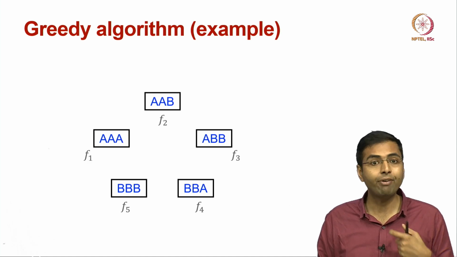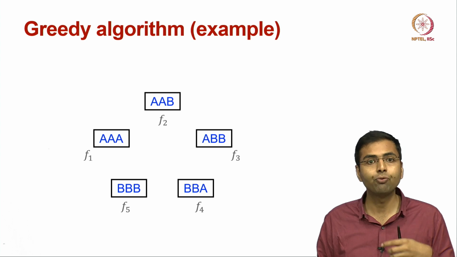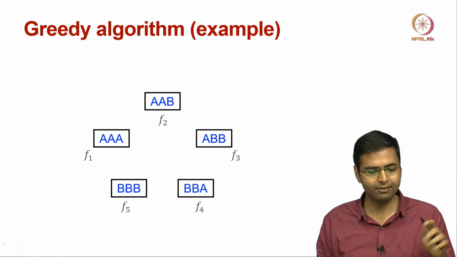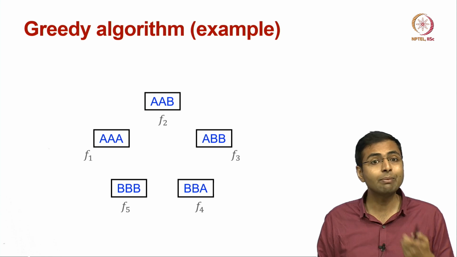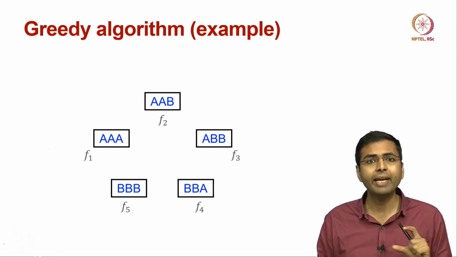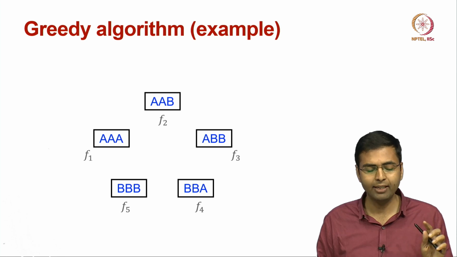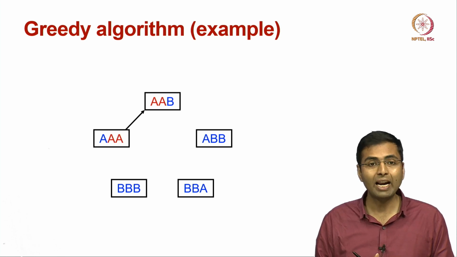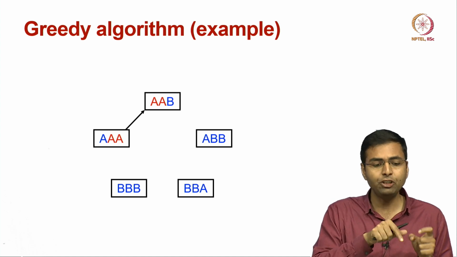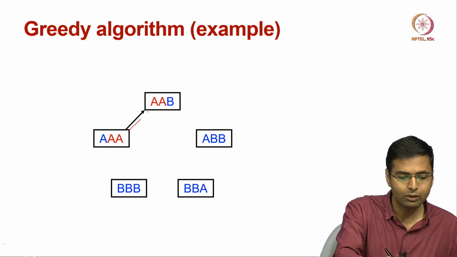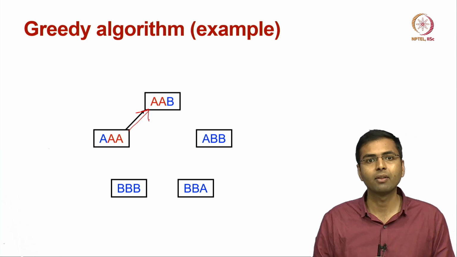Let us say you have 5 strings and you create a graph with 5 vertices. You look for the maximum overlap between these vertices, and we will break the ties arbitrarily. In this case the maximum overlap that we see is 2, and accordingly we will add an edge from this vertex to this vertex.